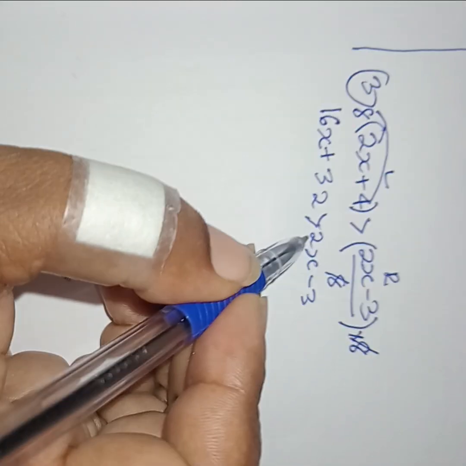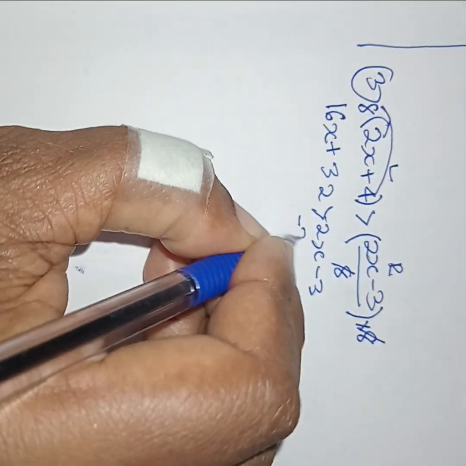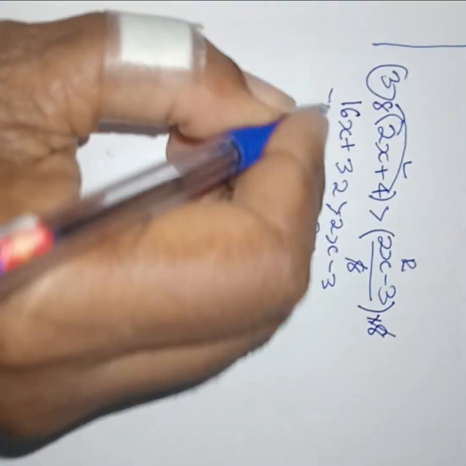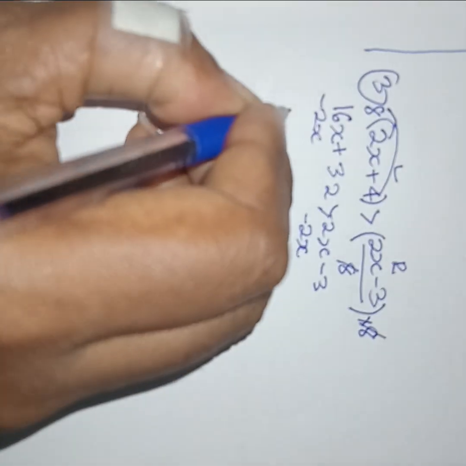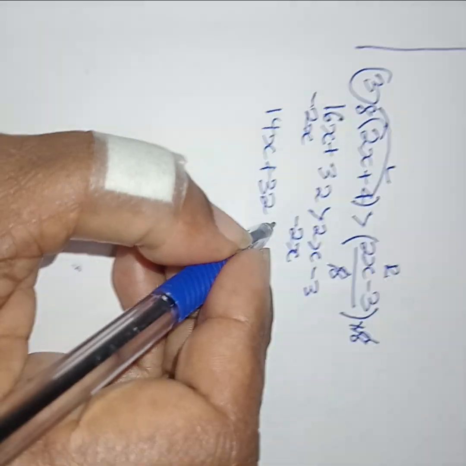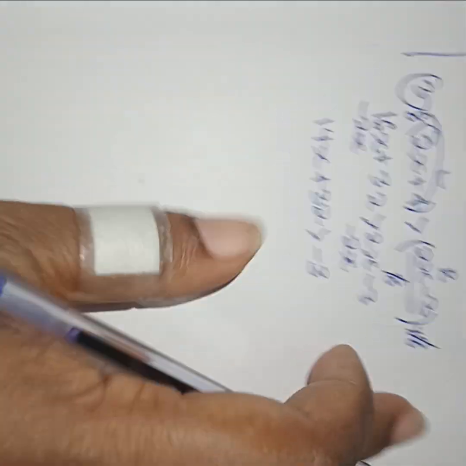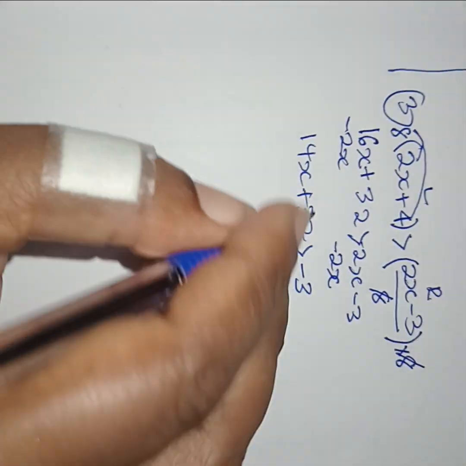Now let's move this 2x to this side. We have a positive 2x, so minus 2x on both sides. And we'll have 14x plus 32 is greater than negative 3. Then we move this 32 over.